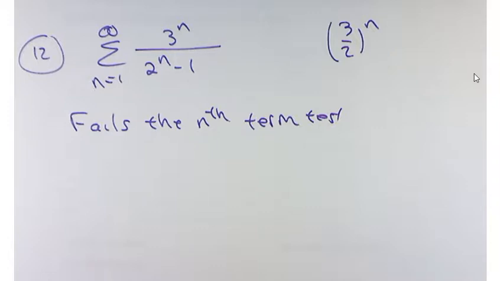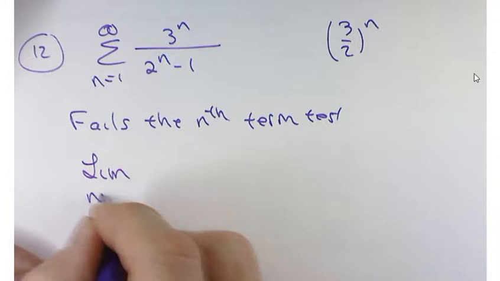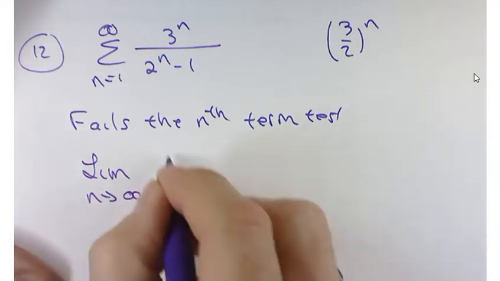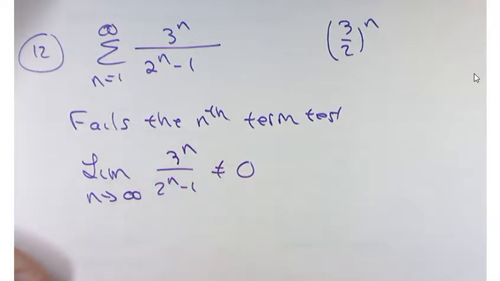So the limit as n approaches infinity of 3 to the n over 2 to the n minus 1 does not equal 0. That's it. So that's a quick way to decide convergence, or actually in this case divergence of a series. You could use the direct comparison test.